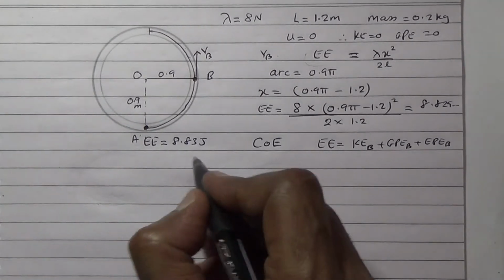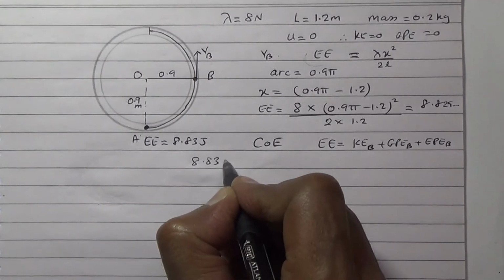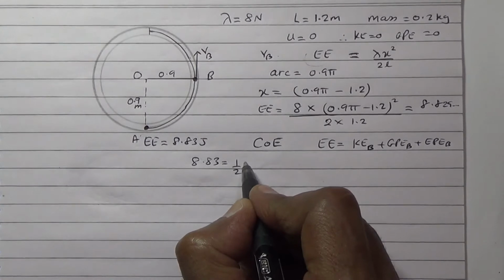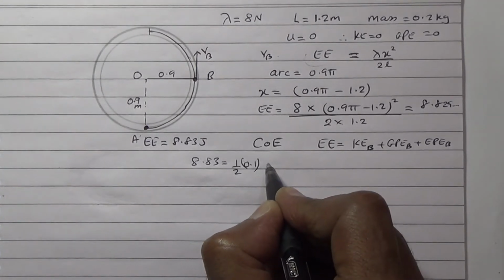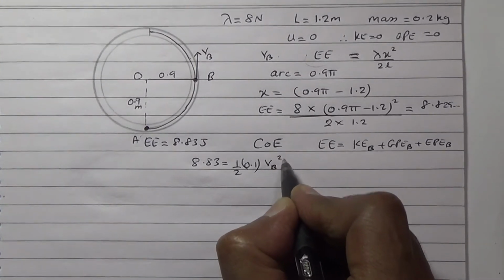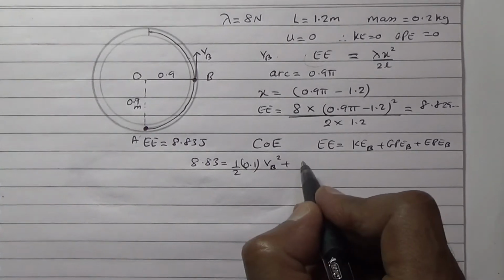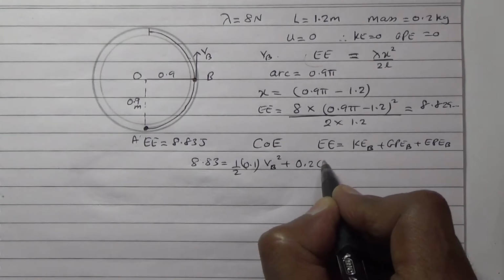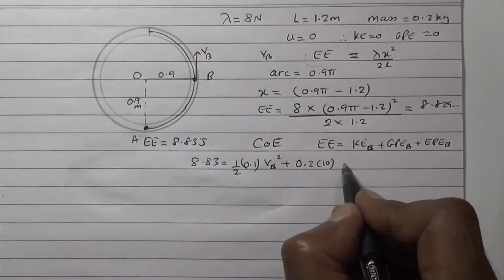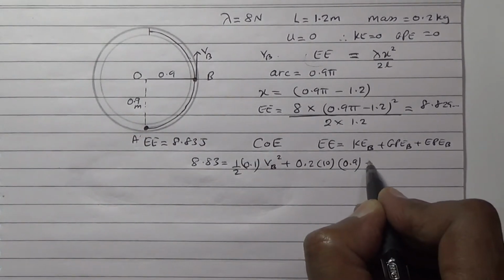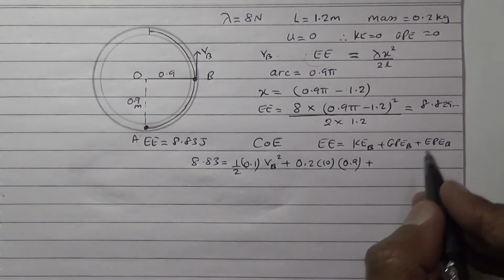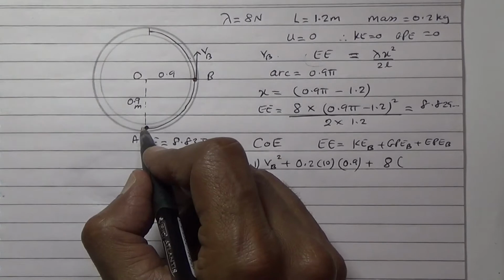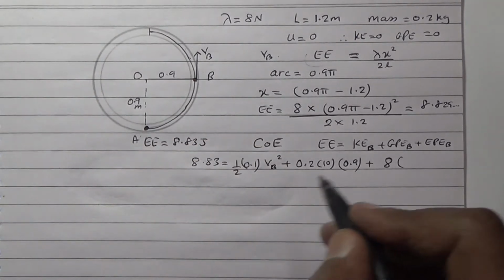Now from here, I'm going to say 8.83 is equal to the kinetic energy at B, which is half times 0.2 times VB squared, plus gravitational potential energy, mgh, 0.2 times 10 times the height, 0.9, plus the elastic potential energy, which is 8 newtons times the length of the arc minus the natural length.